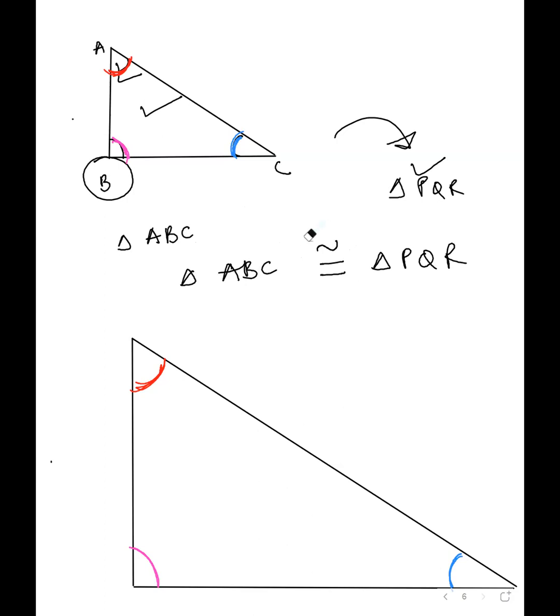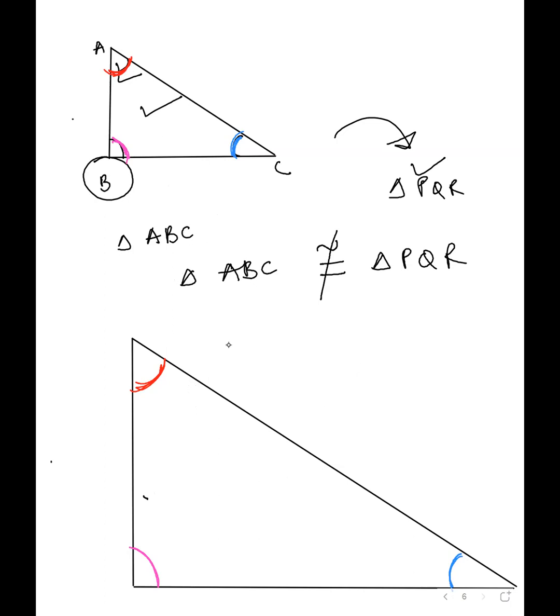If the triangles are not congruent, you will put this symbol. So Hiba, is it clear how just by looking at the angles, even if all of the angles are equal, we can't say that these two triangles will be congruent?